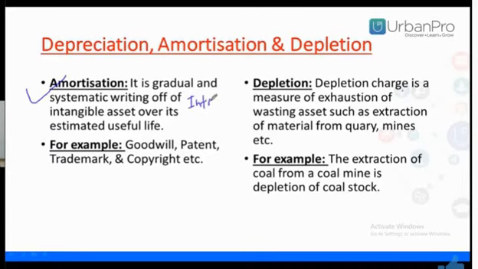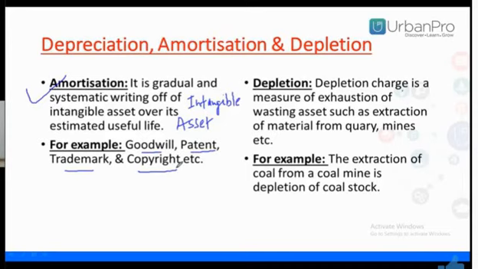You know what intangible assets are? Intangible assets, for example, are goodwill, patent, trademark, copyright. All these assets are called intangible assets. On intangible assets, the value goes down every year, because we cannot say an intangible asset will exist for an infinite period.